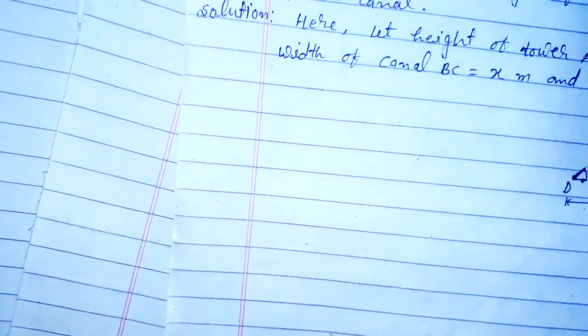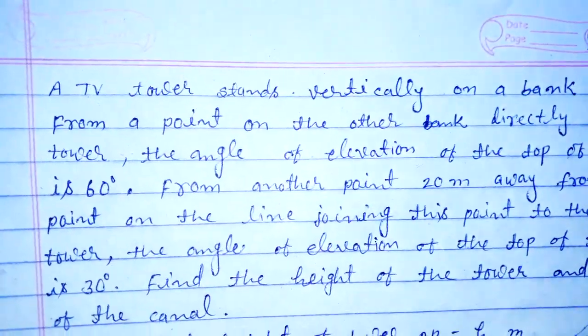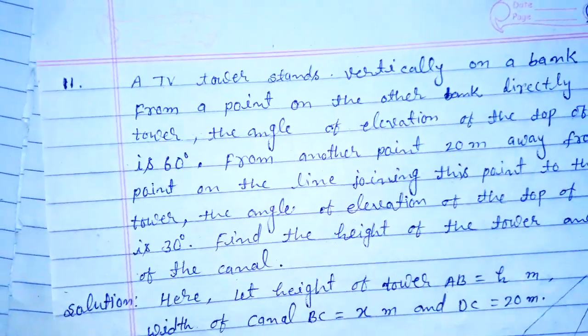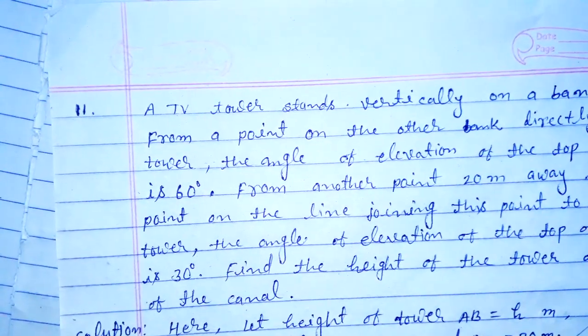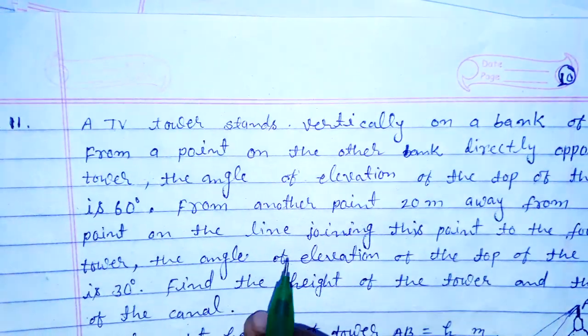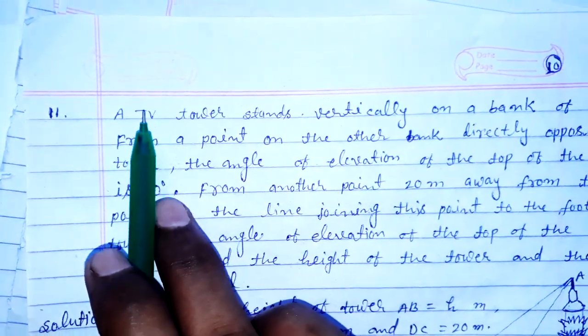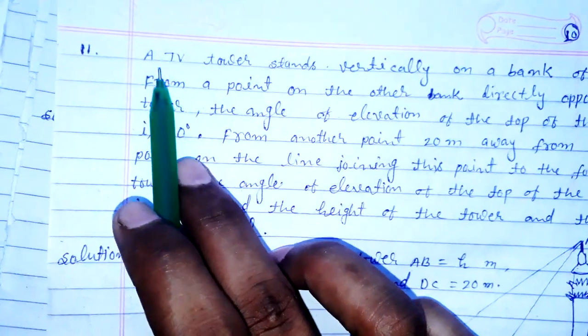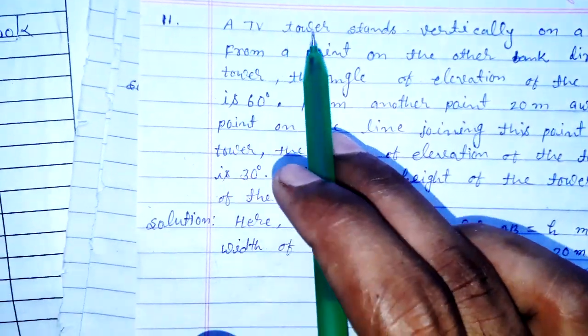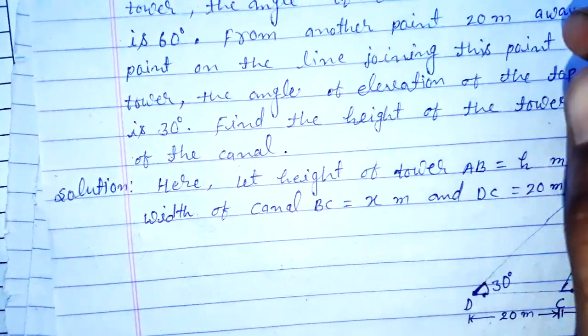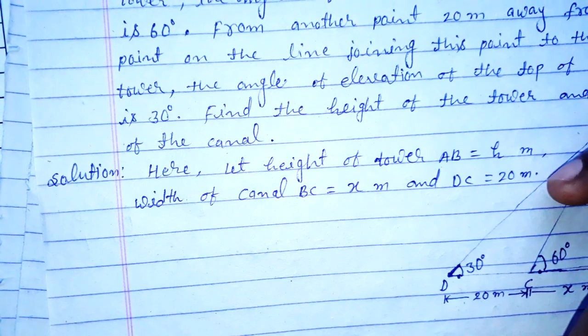Next question is the 11th question. A TV tower stands vertically on a bank of a canal.